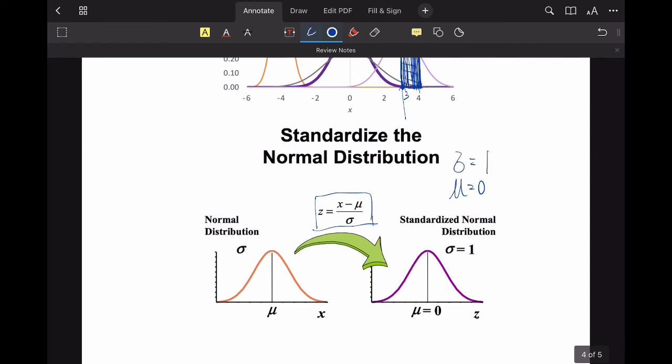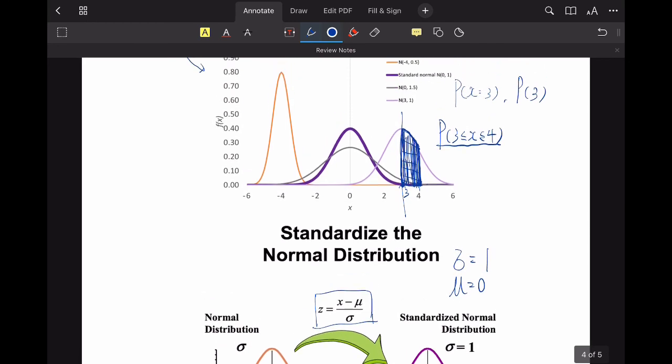You can think like this. We just move the mean from 3 to here. Then its mean is at 0, right? Everyone's mean is at 0. We move this mean here to 0. Everyone's mean is at 0.